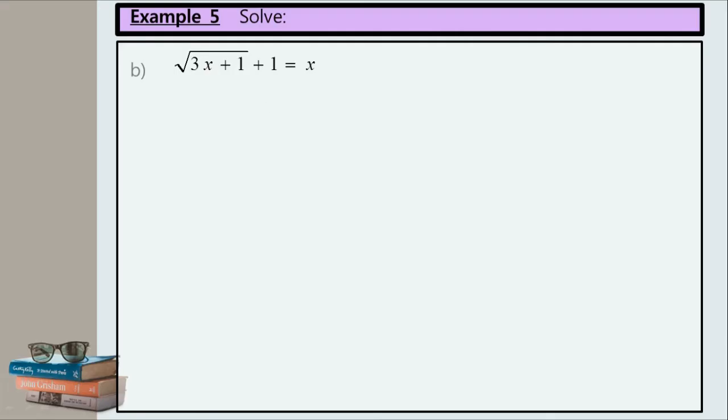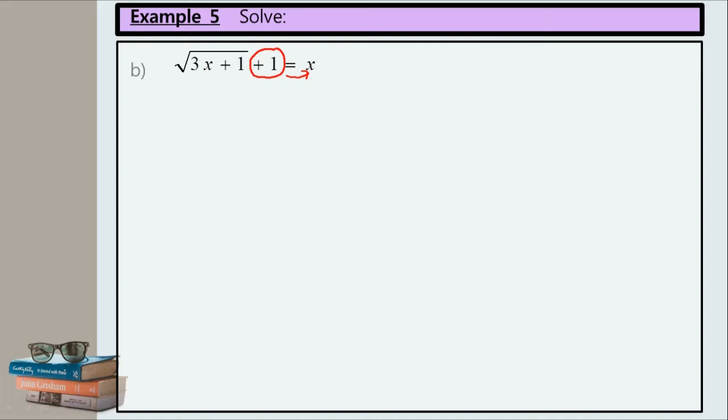Next, proceed to 5b. Okay, for this question, we have surd 3x plus 1 plus 1 equal to x. As I told you before, we can straight away square both sides. But, okay, here we have plus 1. If we transfer plus 1 to the right hand side, our solution will be easier.